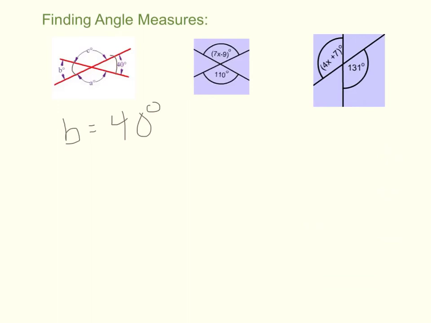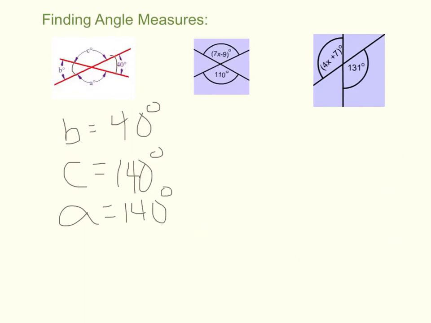So B and C are supplementary, which means they add up to 180 degrees. Therefore, C must be 140 degrees. Since A is vertical of angle C, that means A is also 140 degrees.